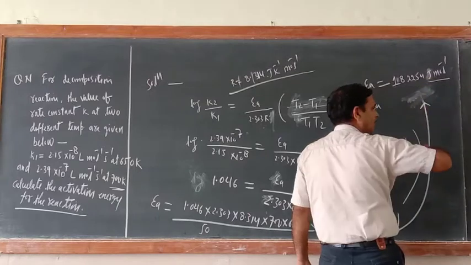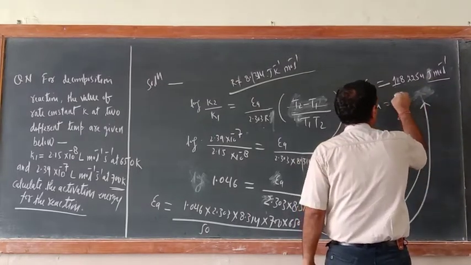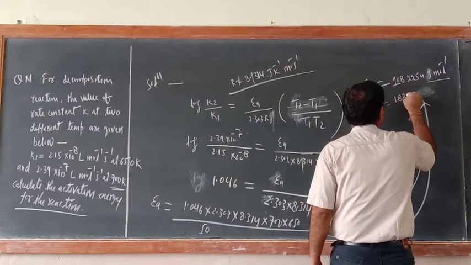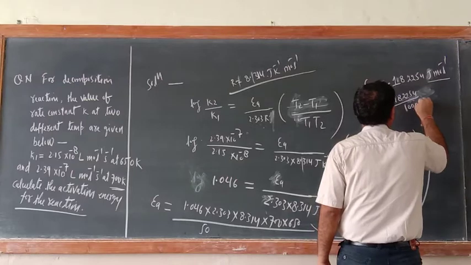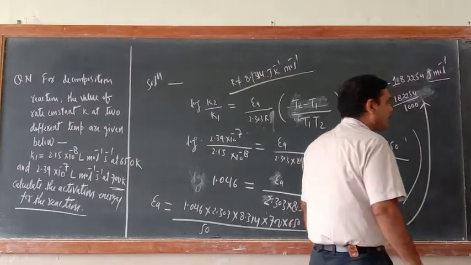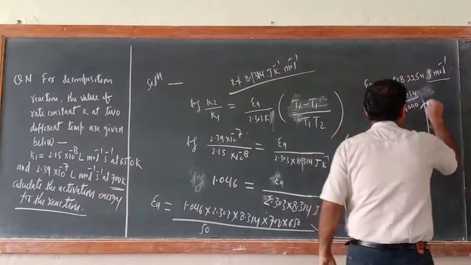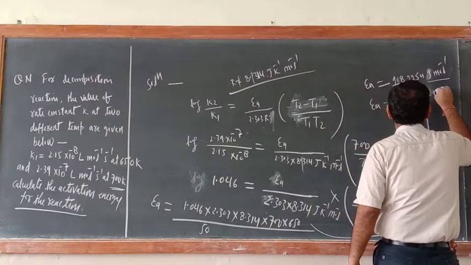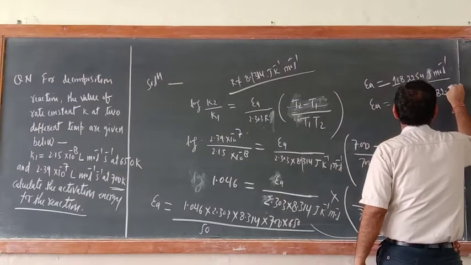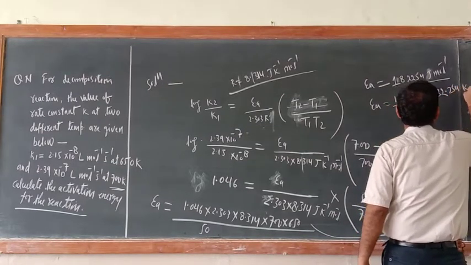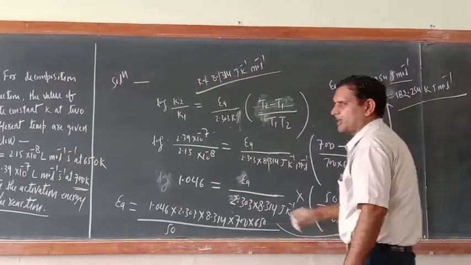Joule is a smaller unit, kilojoule is a bigger unit. Then what should be there? 182254 divided by 1000, because 1000 joule equals 1 kilojoule. So here it should be 182.254 kilojoule mole inverse. That is the activation energy value.